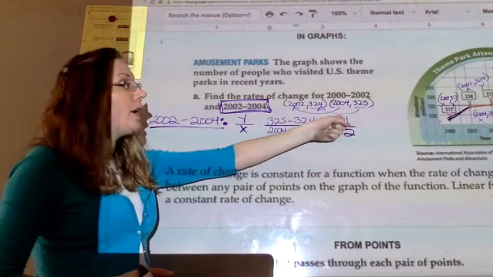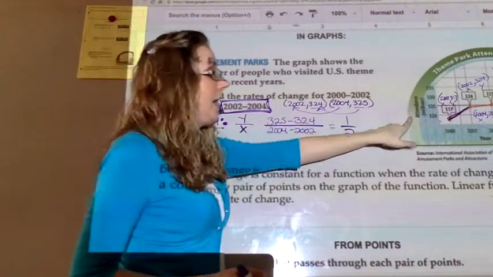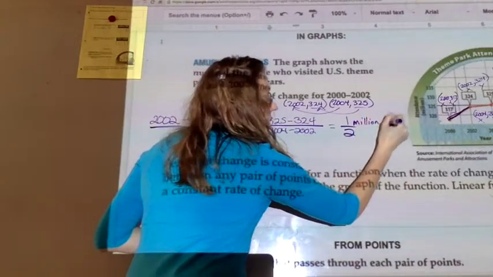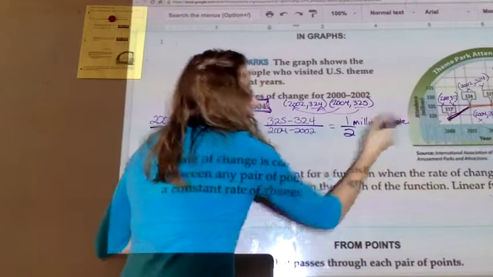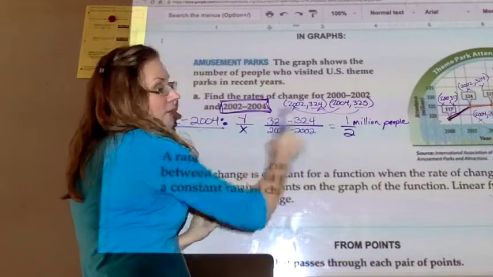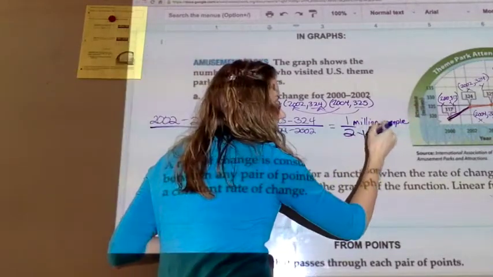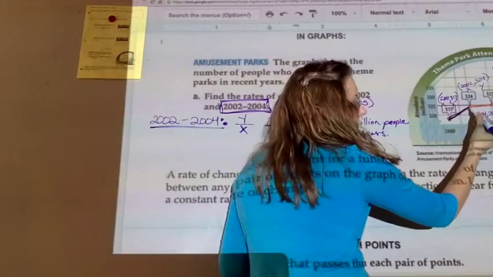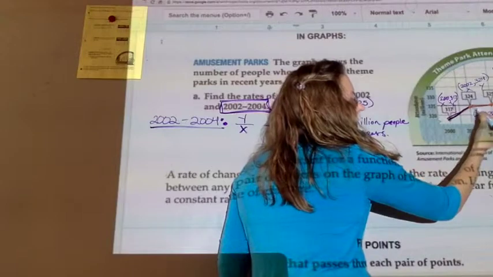And I'm going to put 1 goes with my y's, which is attendance in millions. So this is 1 million people. And this 2 goes with my x, and our x label again is years. So my sentence here, I look at it, even though it's almost flat looking, it still is positive.